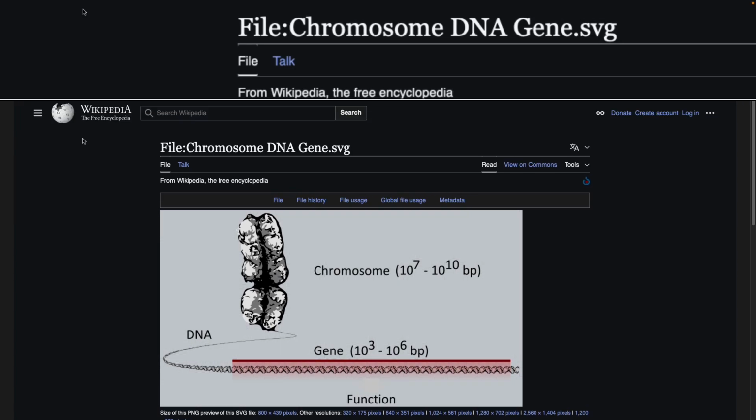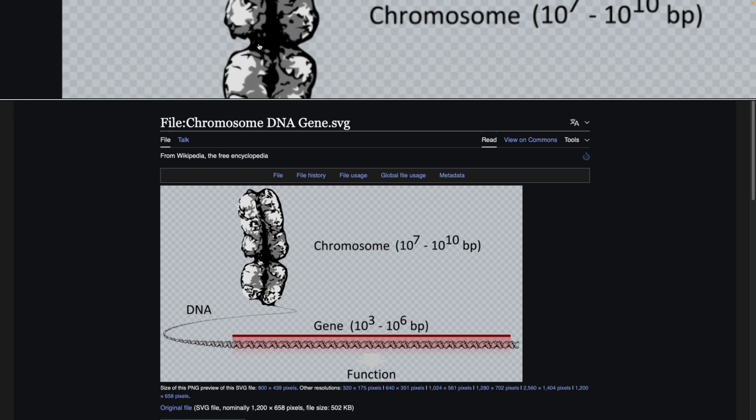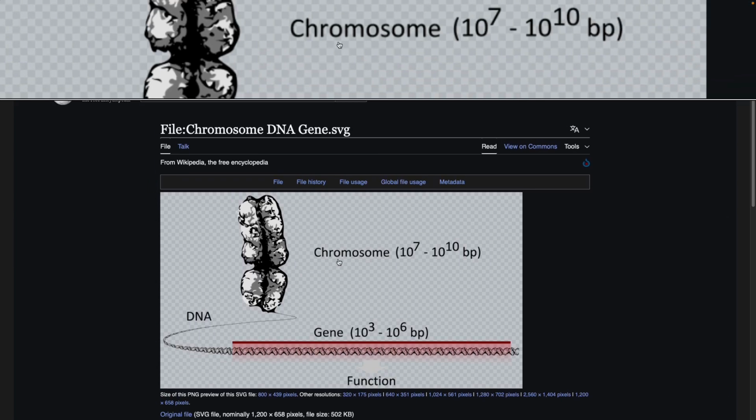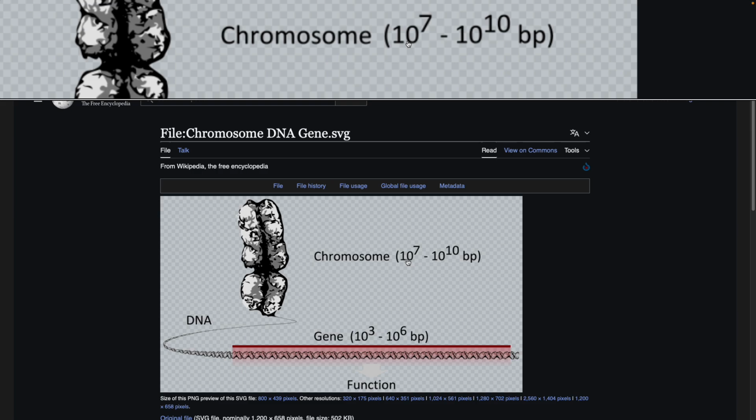So this is a chromosome. I think it kind of looks like an X. And the chromosome has 10 to the 7th, so that's 10 million. 10 to the 6th would be a million, so 10 to the 7th is 10 million. 10 to the 10th would be 10 billion base pairs. So 10 million to 10 billion base pairs in a chromosome.